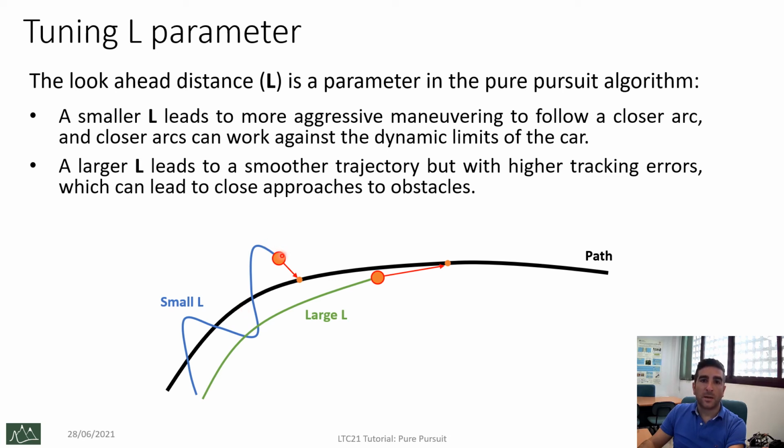But closer arcs can work against the limits of car dynamics. On the other hand, a larger L leads to a smoother trajectory but with higher tracking errors, which can lead to close approaches to obstacles.